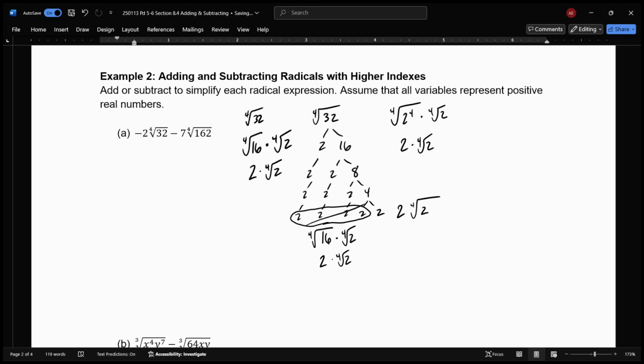I don't want to say that exactly. I want to make sure we're recognizing this perfect 4th degree of something. 2 to the 4th power is 16, or at least looking at it this way. That group of 4 represents this 2 raised to the 4th power. Anyway.